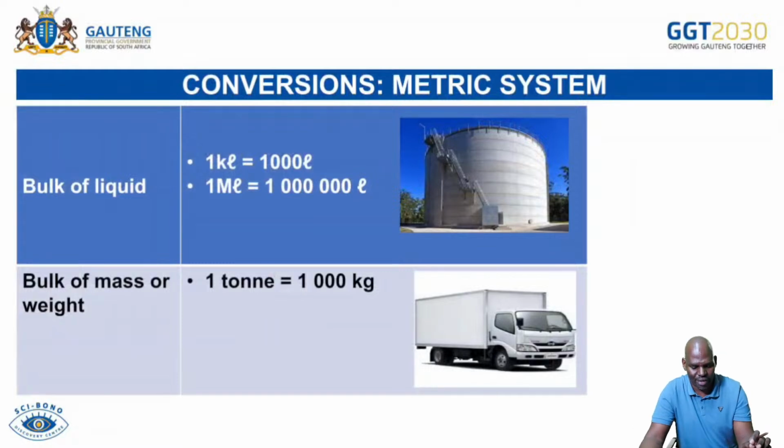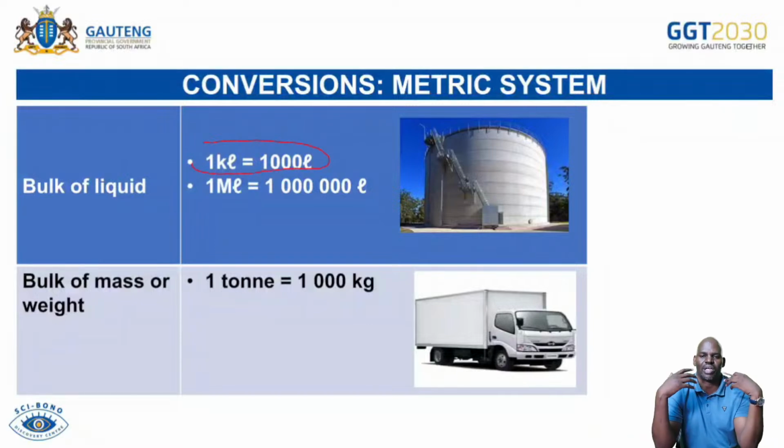Okay, and then again, this one the examiner might give it to you, but for your knowledge, we know that water is measured in liters, or liquid is measured in liters. So if you've got bulk of liquid, for instance, the amount of water being used in a house, the municipality will measure the amount of water used in a household in kiloliters.